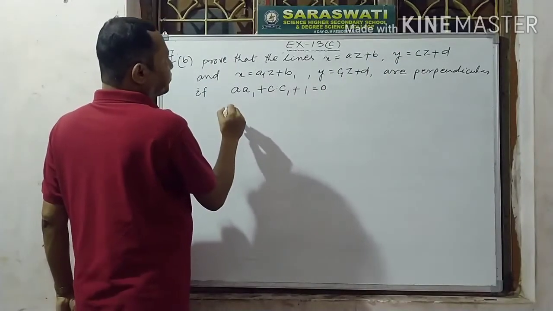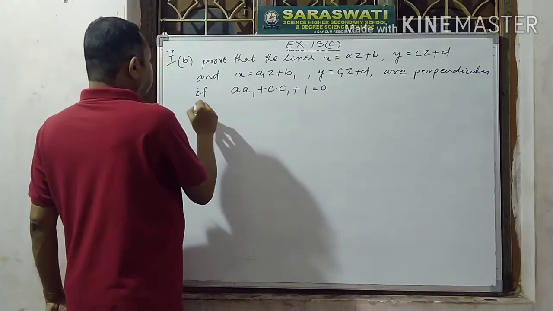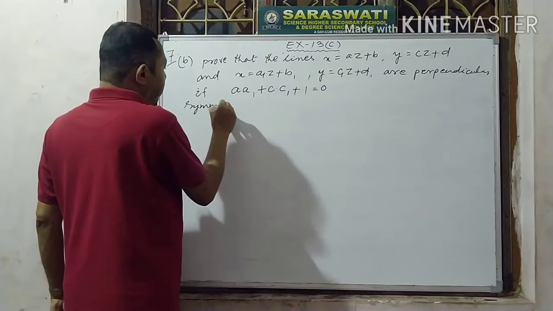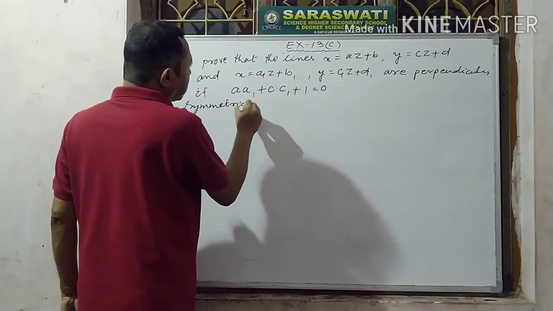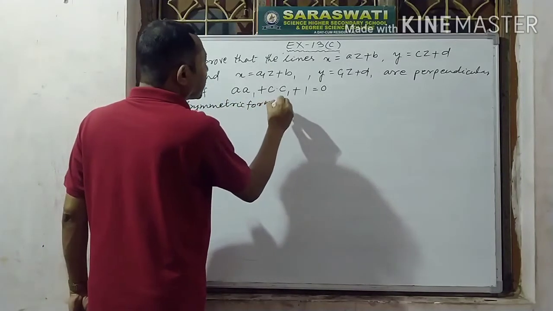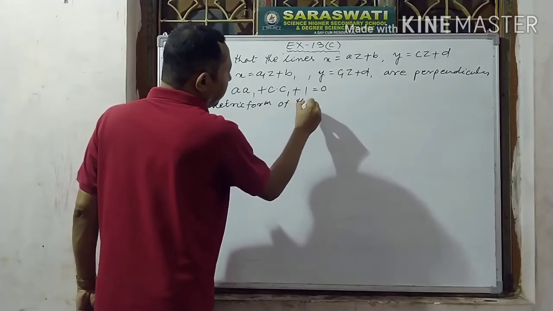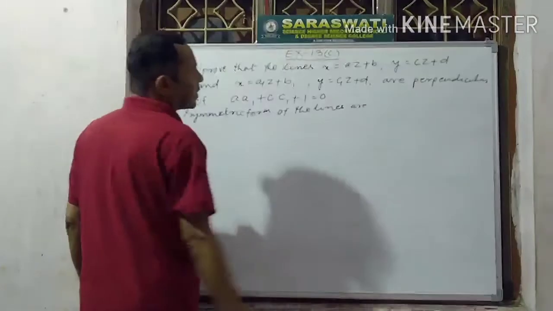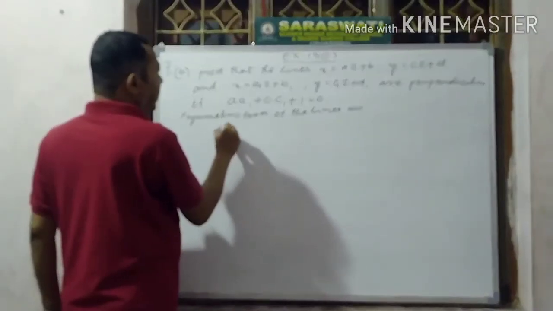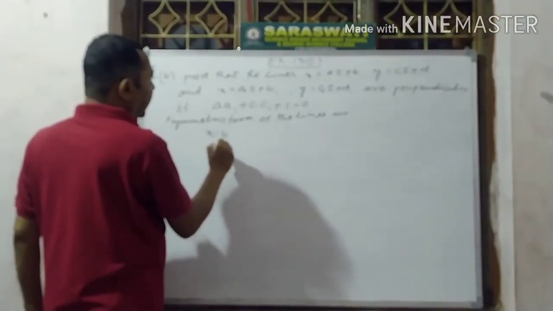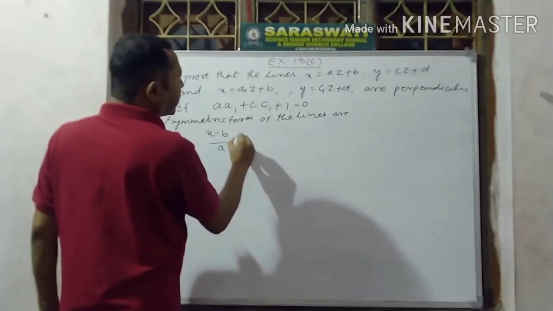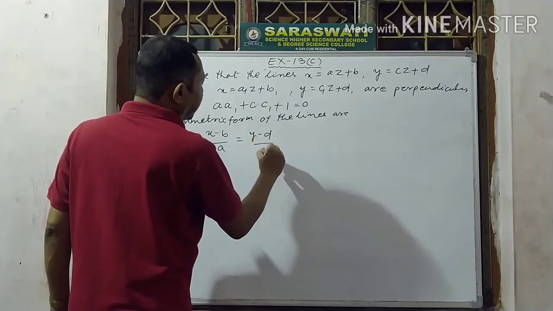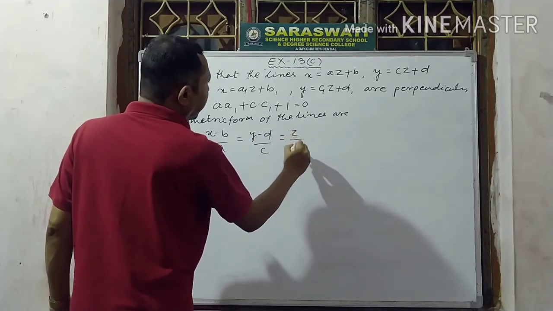That is, the symmetric form of the lines are (x minus b) by a is equal to (y minus d) by c is equal to z by 1.